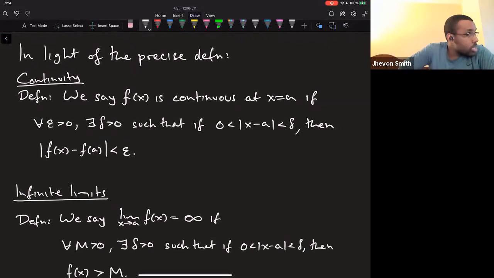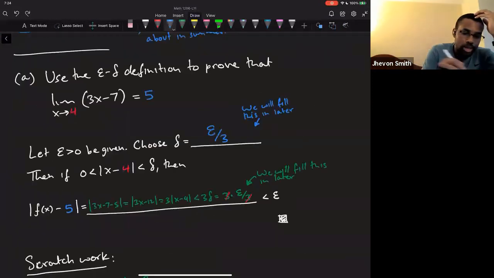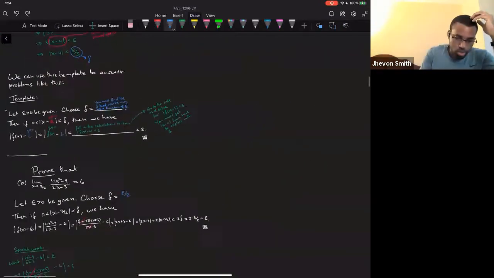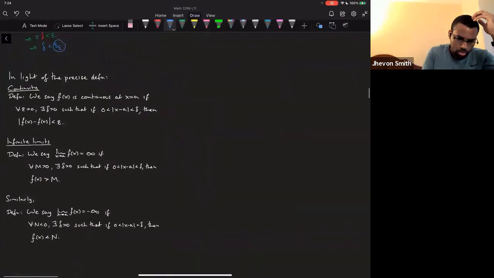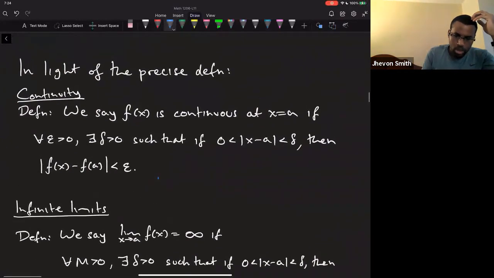Remember, continuity says that the limit equals f of a, the value of the function. Basically, you go to the limit definition, and instead of L, you put f of a, right? That's the continuity. So if this is true, it shows that f of x is continuous at a.